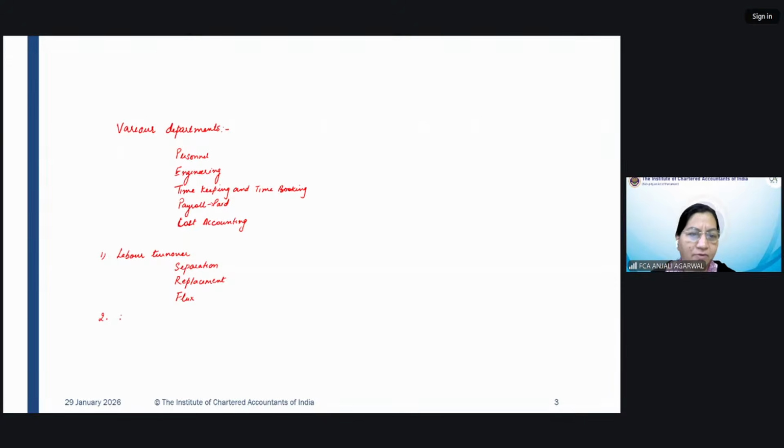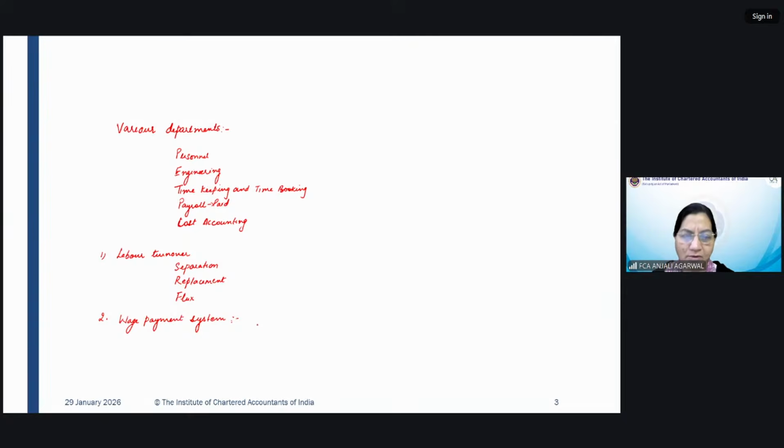Then we talked about the wage payment systems, in which the payment can be made on a time basis. That means the workers can be paid for the time they remain in the organization, or the actual hours they have put in the job, or else they could be paid on the basis of piece rate, which means the number of pieces they generate, or the output they produce.